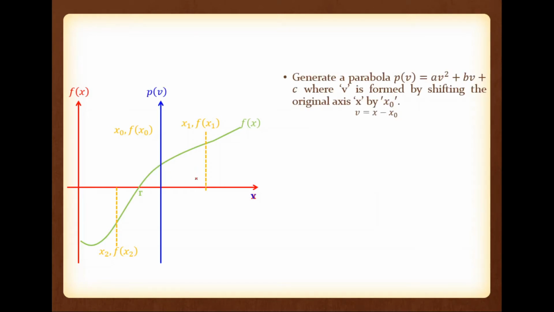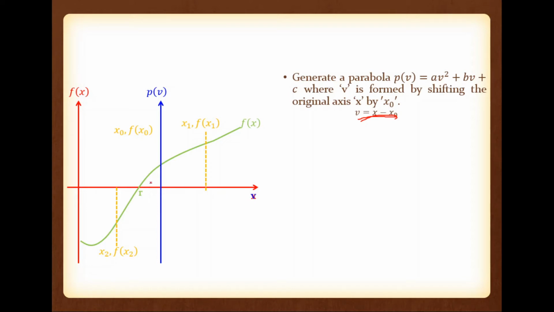By taking v equal to x minus x0, we are shifting the independent variable so that we will have a new function p of v. So once again, we are shifting the coordinate: v is equal to x minus x0.